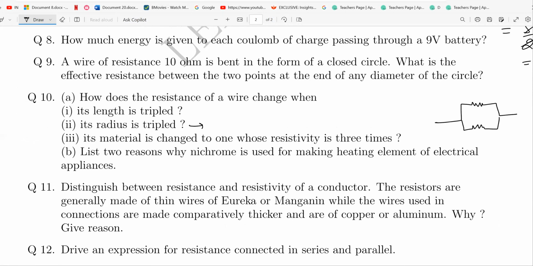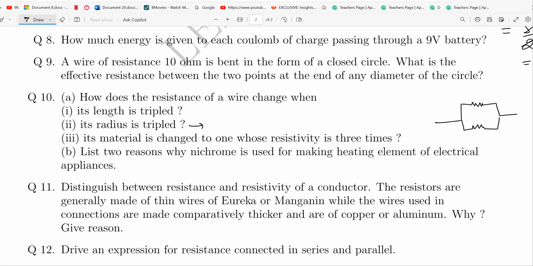Now, if its material is changed to one whose resistivity is 3 times, what should be the answer? Tell me, Abir. So resistance will become 1/3? Why?